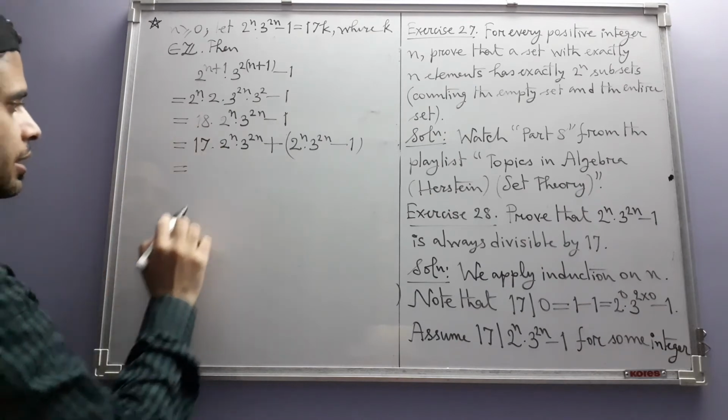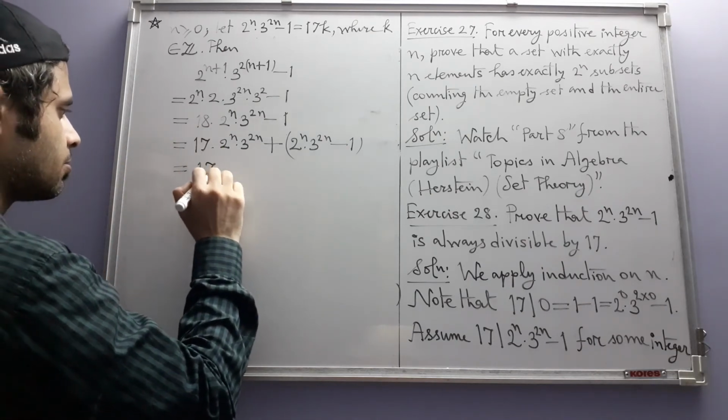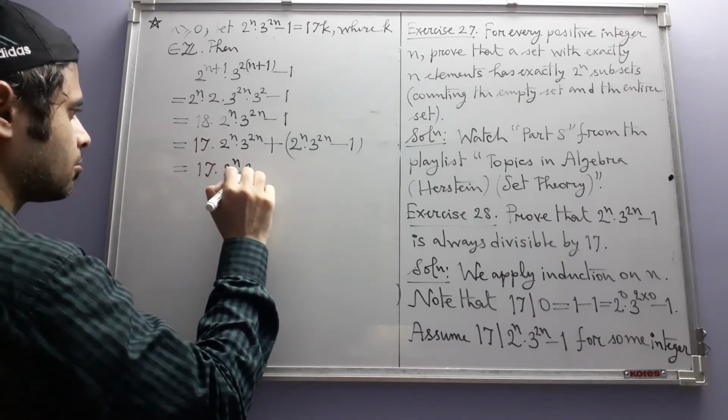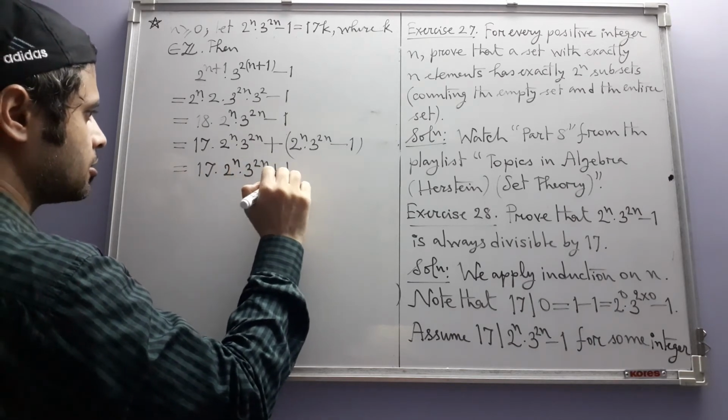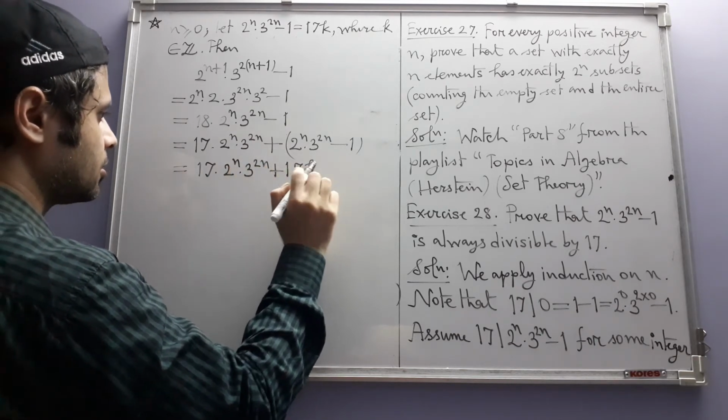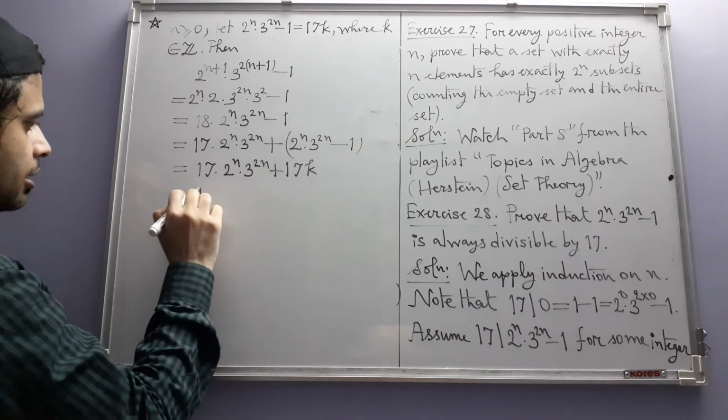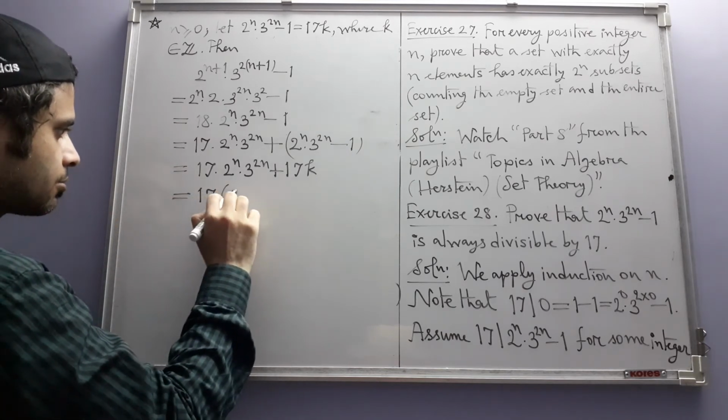Now from our induction hypothesis, this is 17k, and so we can take 17 common out.